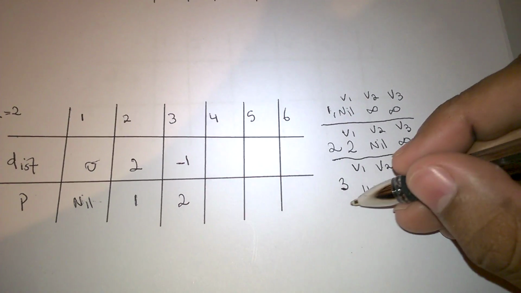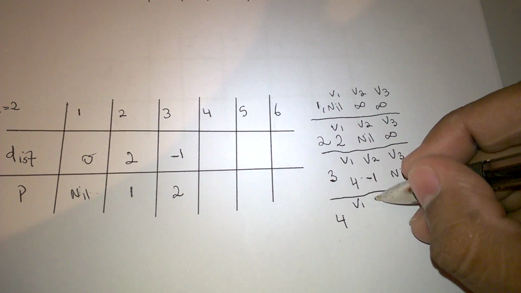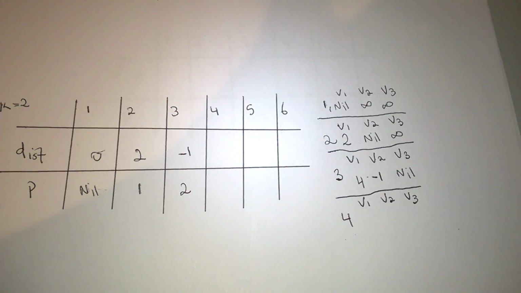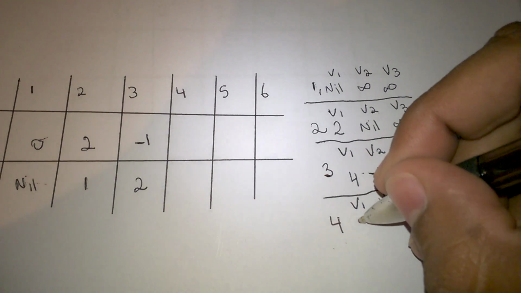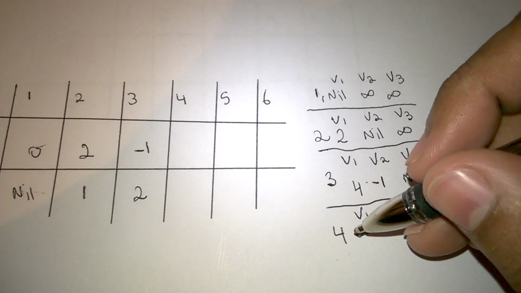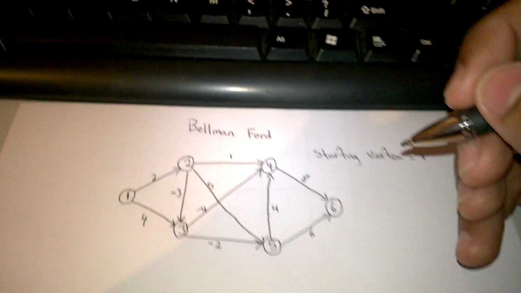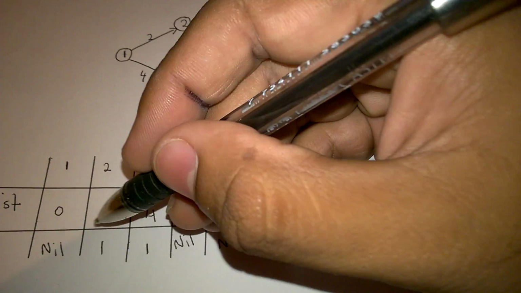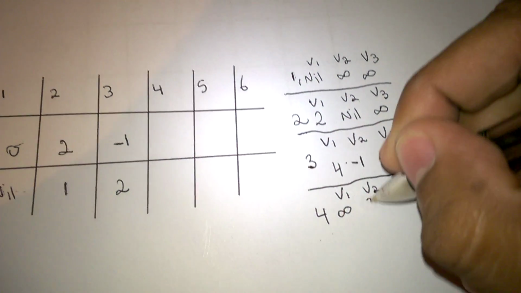So now we're going to do 4. Could we reach v4 from v1? No, we can't, so we're going to put infinity. Could we reach 4 from v2? Yes, we could reach 4 from v2 at the cost of 1 plus 2, which is 3, so we update 3 here.